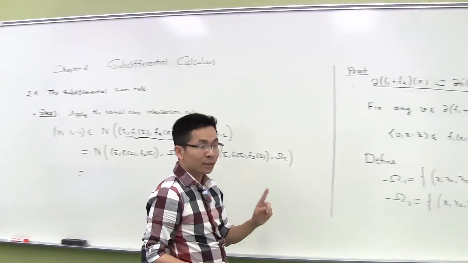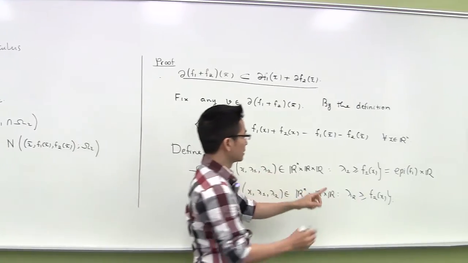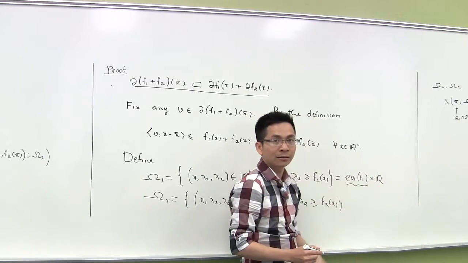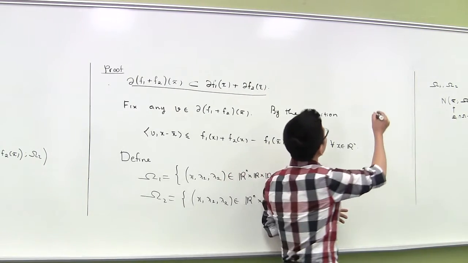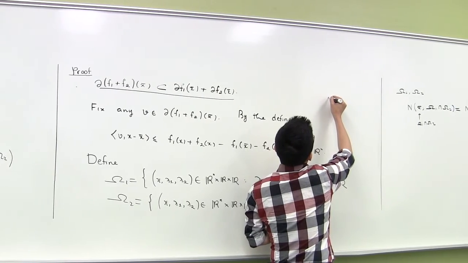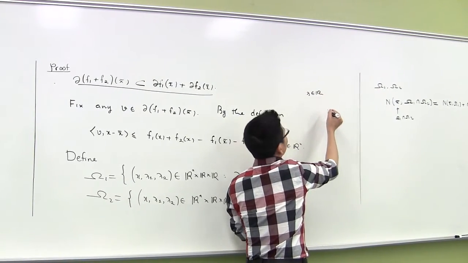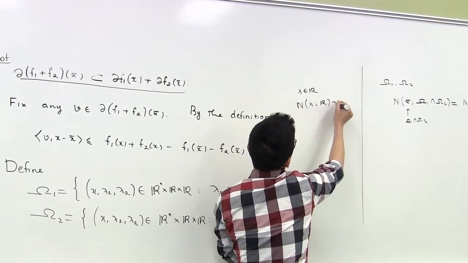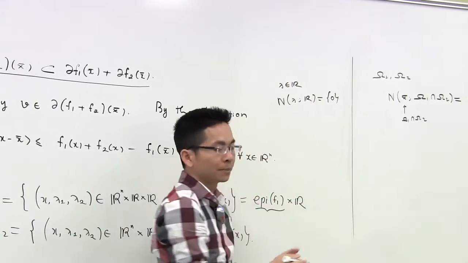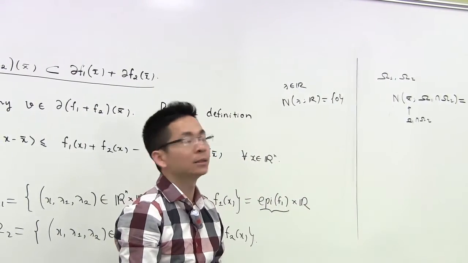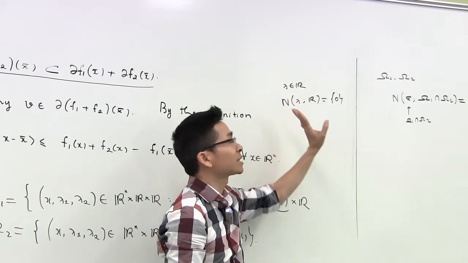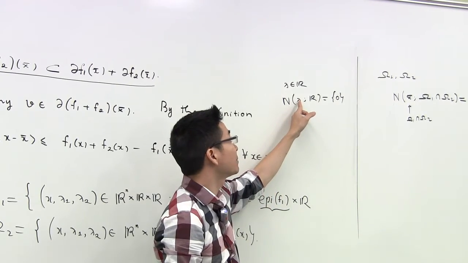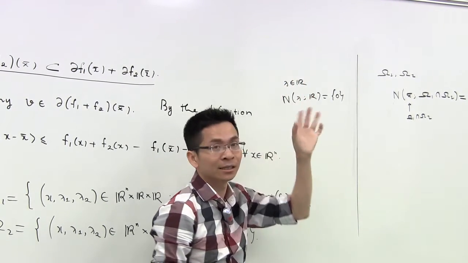Okay, note that omega 1 is the Cartesian product of the epigraph of f1 and R. Okay, and if we take an element lambda in R and we compute the normal cone to R at lambda, then this is just 0, because the normal cone to the whole space at a point in that space is always 0. We already proved it before because lambda here always belongs to the interior of R.